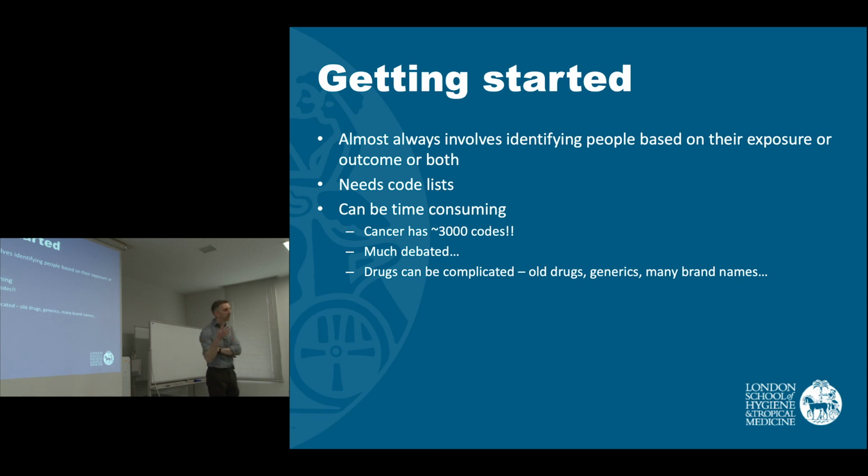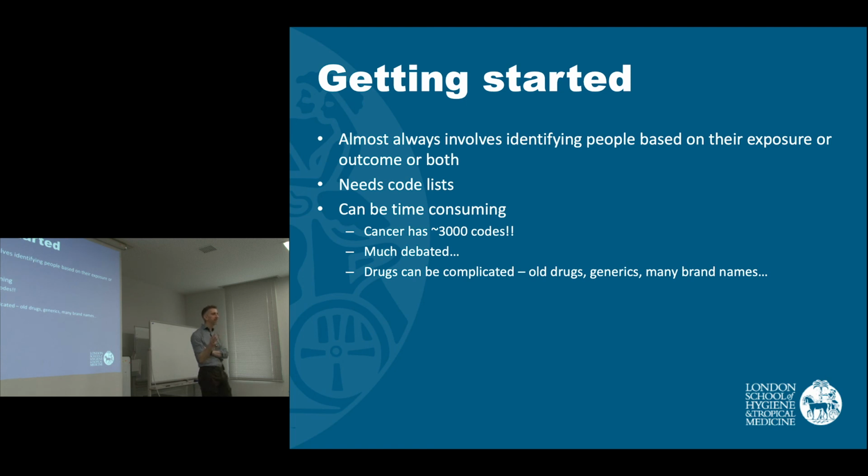Now, to do this, we need to develop things like code lists. So there are many different PDE5 inhibitors available, different strengths, different products. So we need to know the code for every one of those possibilities. Okay, so we need to put that list together.